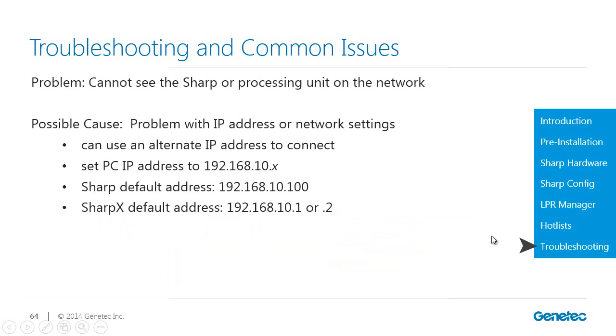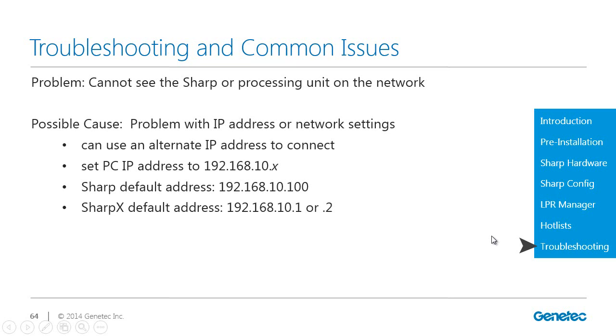Now, speaking of the network, if you're having any trouble seeing a Sharp on the network, you can get to it, to the portal or to a remote desktop session, through an alternate IP address. So you just need to set your PC to have a 192.168.10.x IP address, and connect it to the Sharp network cable.